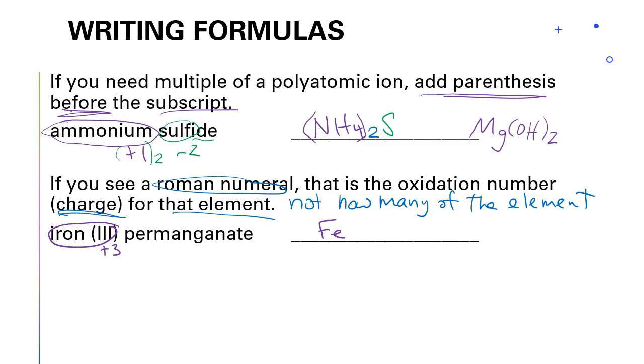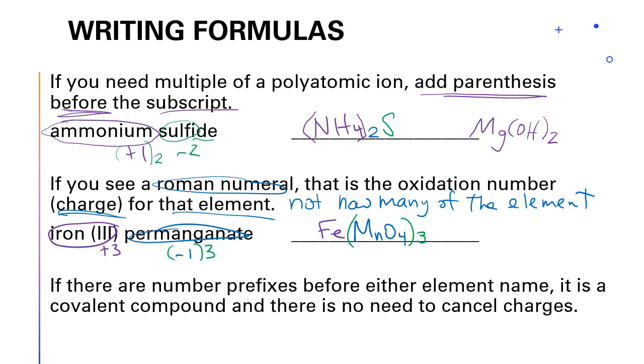And then permanganate is MnO4 with a charge of -1. So now I'm going to need 3 of these -1s to balance out the +3 charge here. So I'll have a 3 down at the bottom after the parentheses.